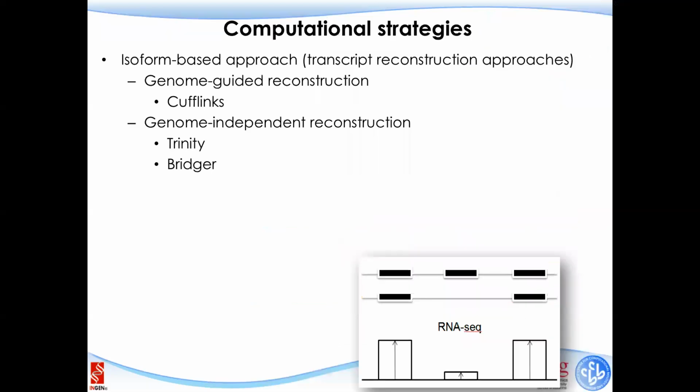Then we talked about the computational strategies for alternative splicing study using RNA-Seq data. We first talked about the isoform-based approach, which means reconstruction of the transcriptome, of all the isoforms. We talked about genome-guided reconstruction methods, with an example like Cufflinks, and genome-independent reconstruction methods like Trinity and Bridger.